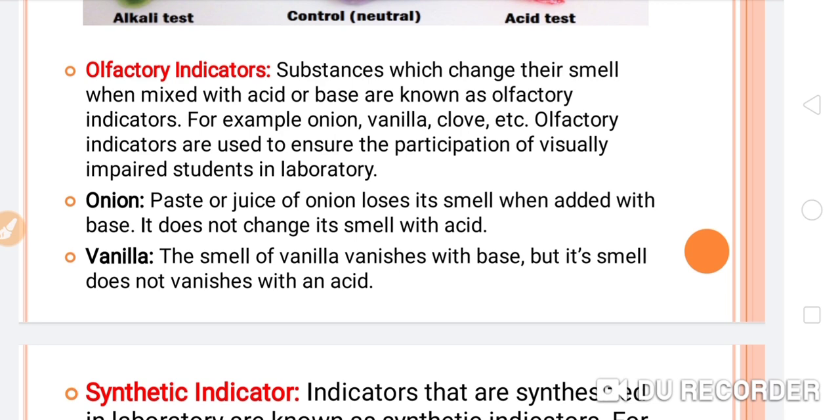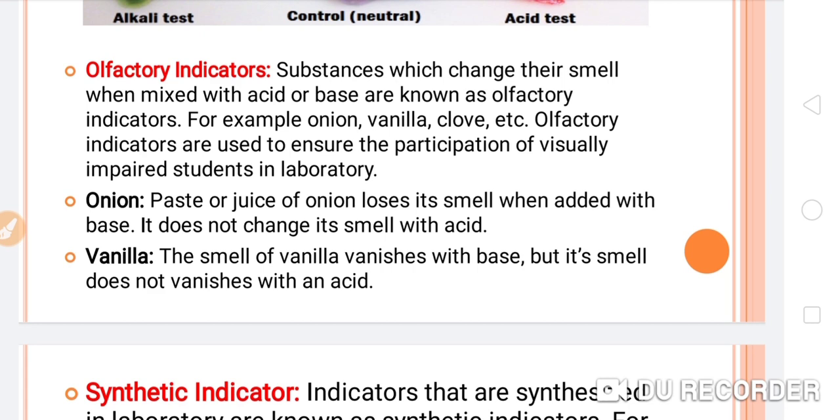So let's talk about the olfactory indicators for the onion. Onion paste or onion juice loses its smell when added to a base. So if you have a base solution and you add one or two drops of onion juice to that solution, there is a change in the onion smell.